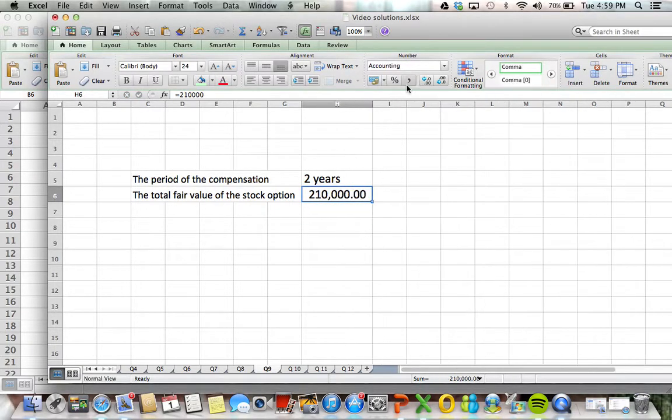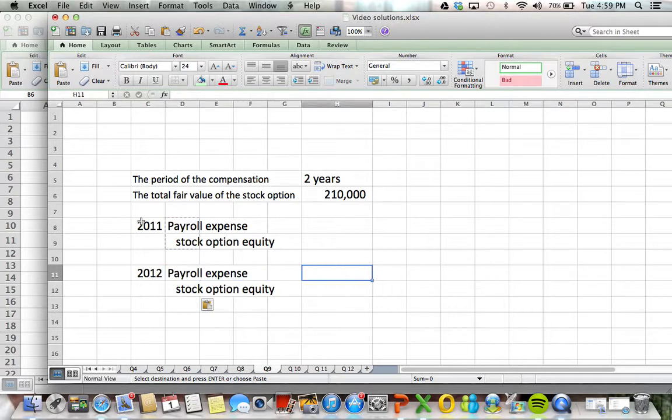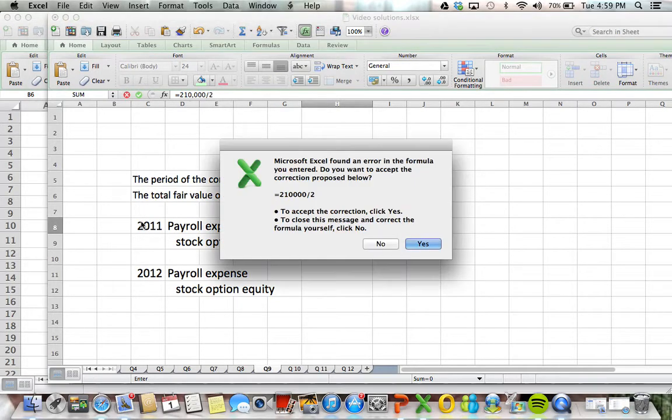So both for 2011 and for 2012, we're going to have what? Payroll expense and option equity. And for how much are we going to have each time? It's just going to be 210 divided by 2. That's it.